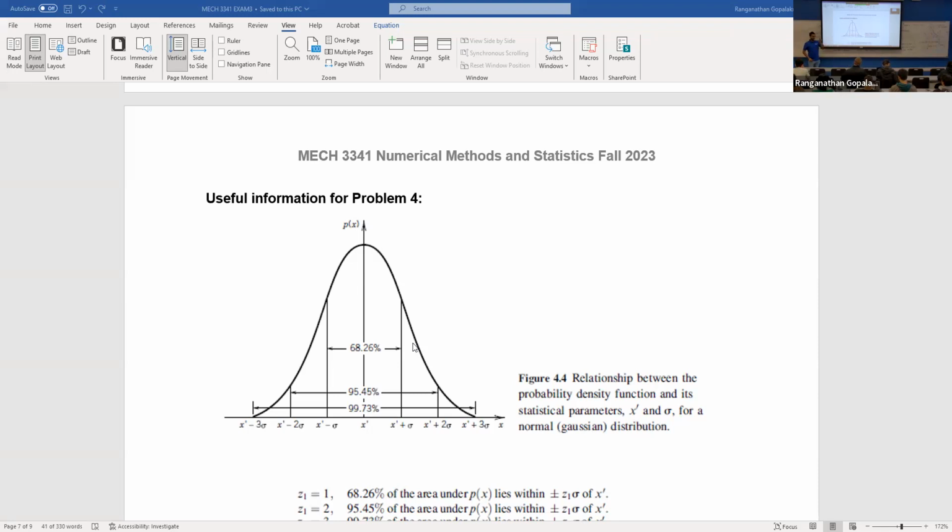And that number 6 comes from, if you estimate how much area is between 6 standard deviations, it will be 99.99999%. That is 1/1,000,000th short of 100%. Anyway, we'll come back to this.